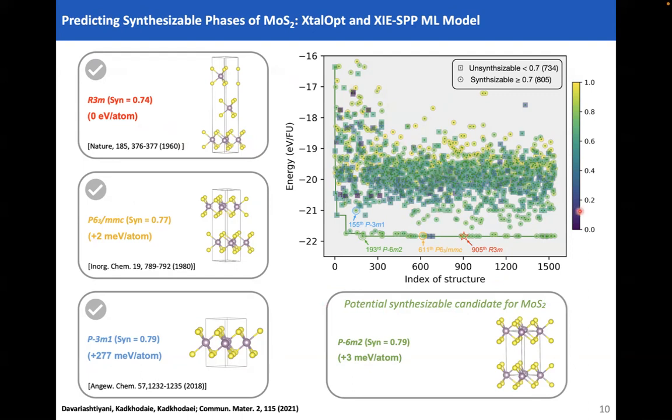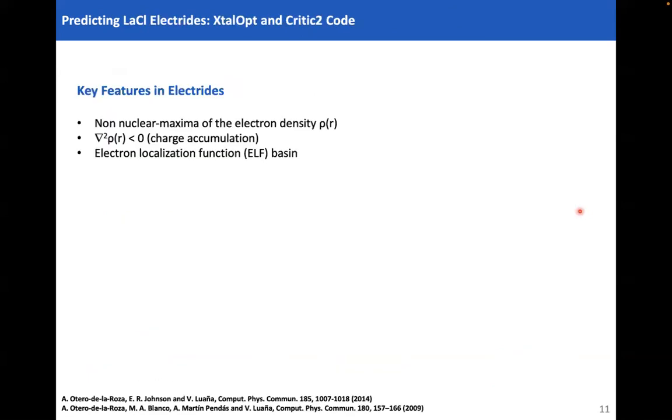Another example of multi-objective search includes electrolytes. For the LaCl compound, we know that it's a compound that potentially can form electrolytes, and that can be manifested in some free charges which are not localized on ionic positions in the crystal structure.